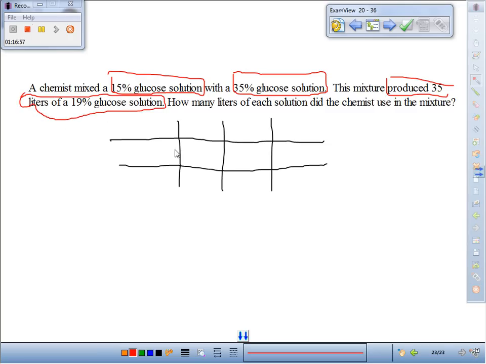So, this is the first one, this is the second one, this is a total. So we write first, second, total, and we write the percentages. What is the percent of the first one? 15%, 35%, and 19%.